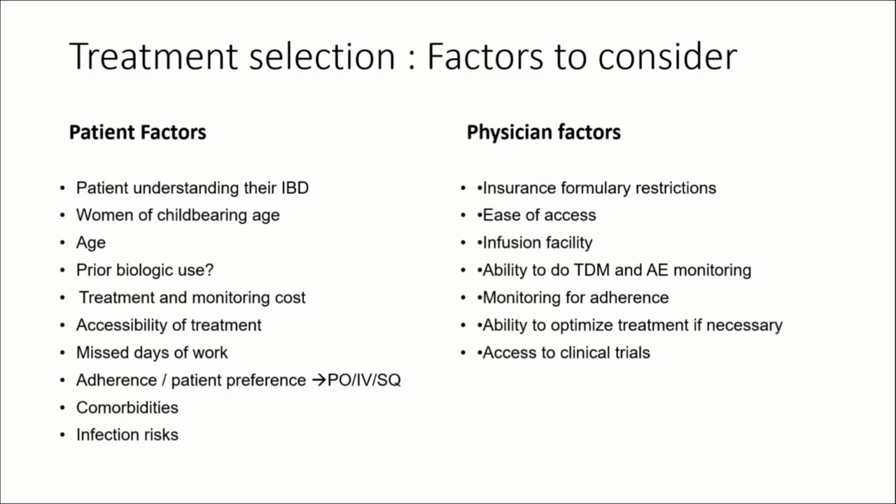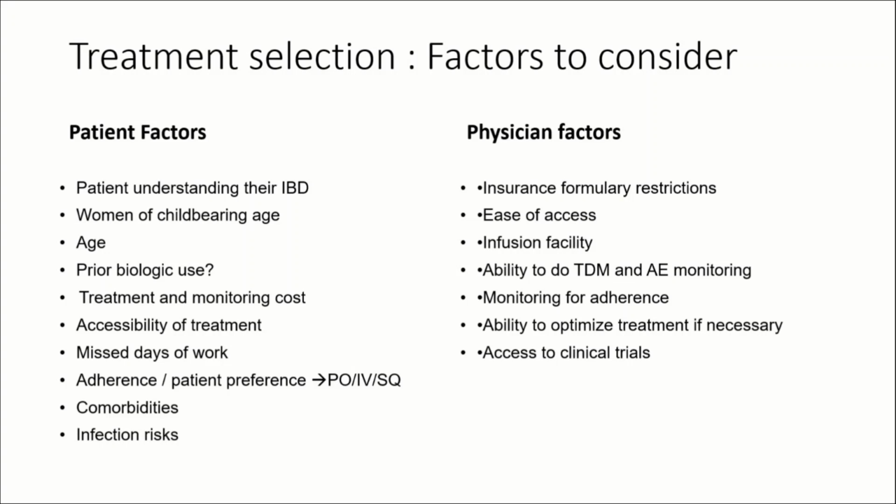Now, going back to my last couple of slides, and I'm just repeating what I've said earlier, when you have a treatment selection, these are the factors you should consider. And most important is how does the patient understand their disease, and that's where I think we all fail. And that's one of the reasons patients go around shopping. What is the patient's age? Are they planning to have children?